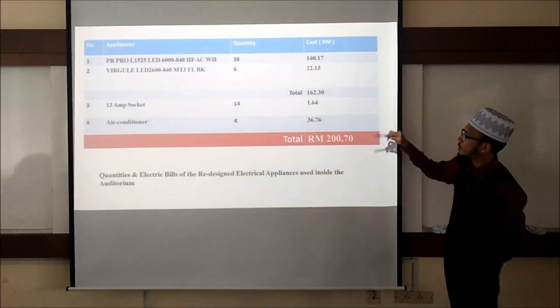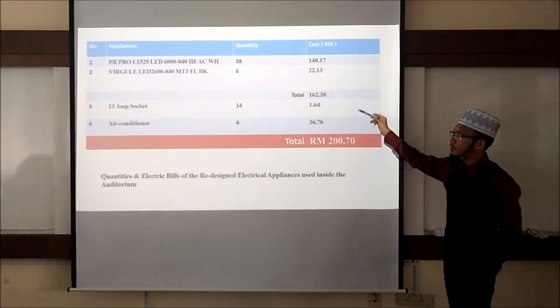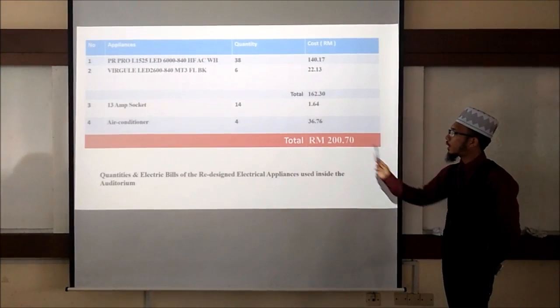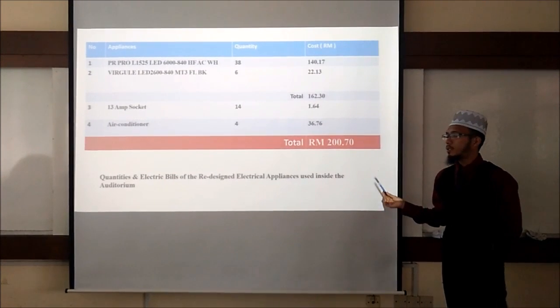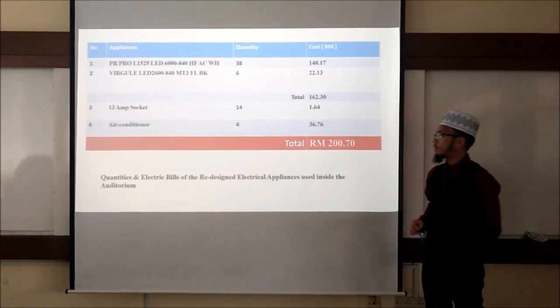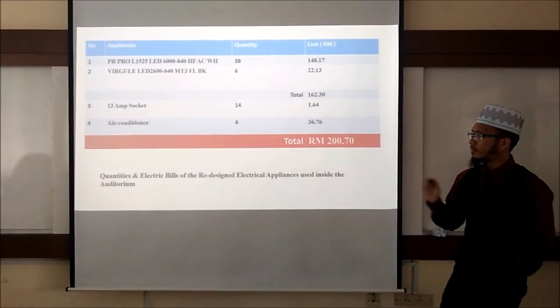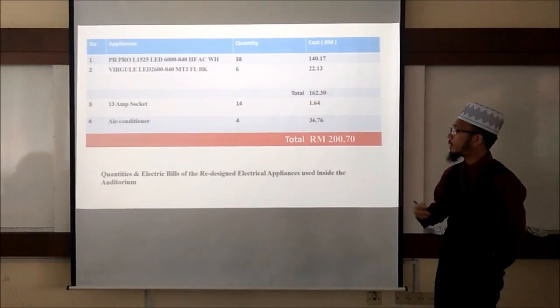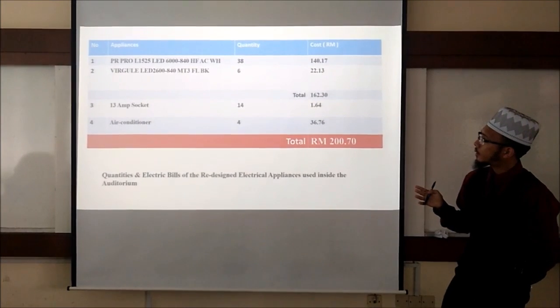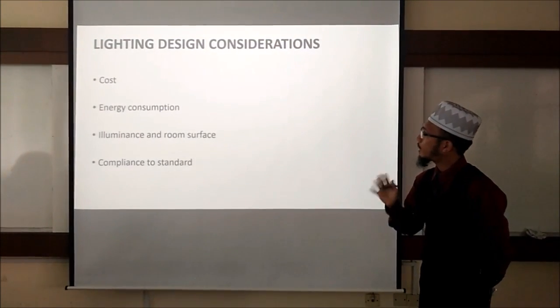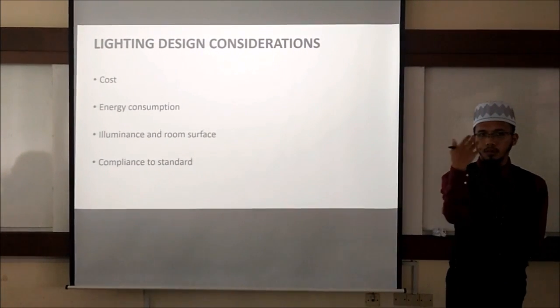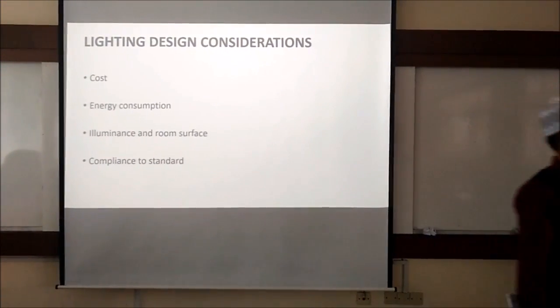We maintain the socket and the air conditioner, and now it only costs around 270 cents. So we can cut some of the bills for a month. That's all. Okay, I will pass to my friend, Faris.